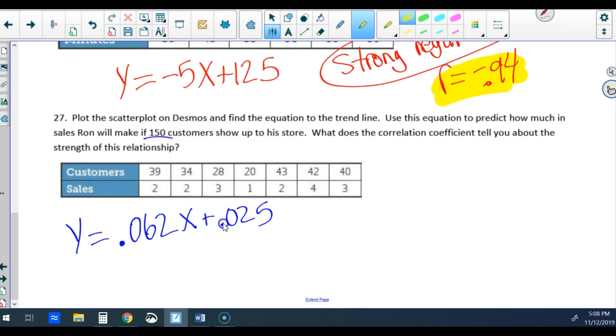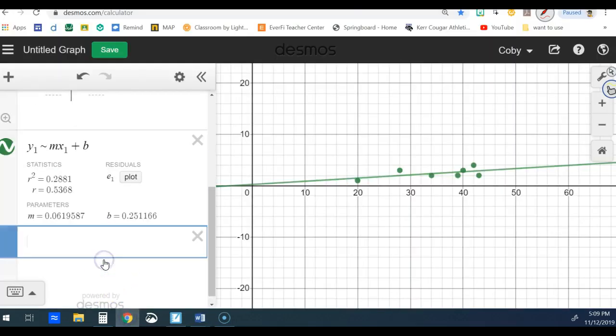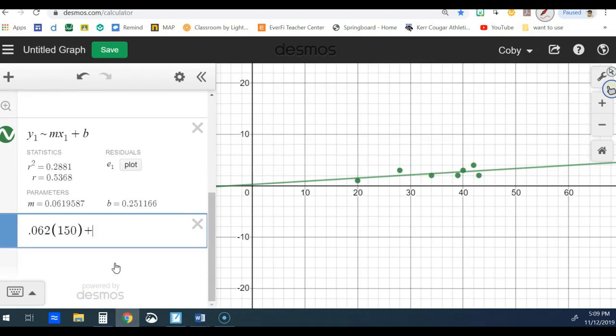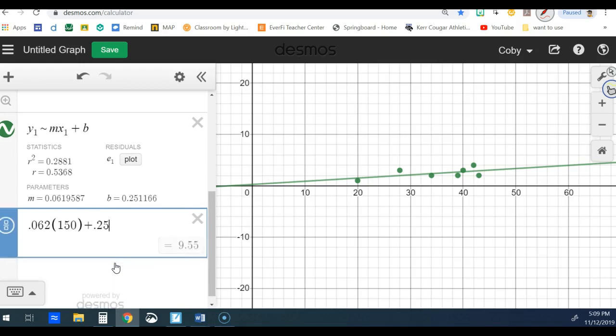150 customers. I'm going to plug in 150 for my x. 0.062. So I'm going to do that with the Desmos calculator. 0.062 times 150 plus 0.25.